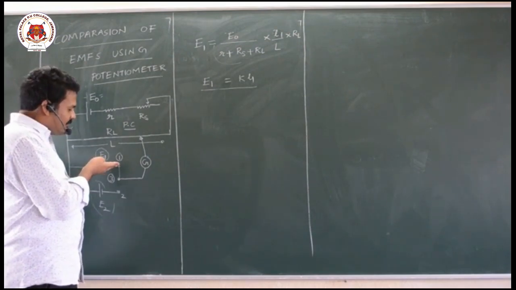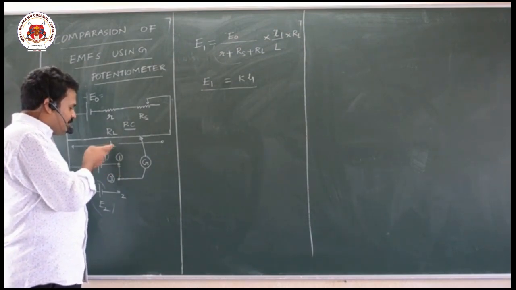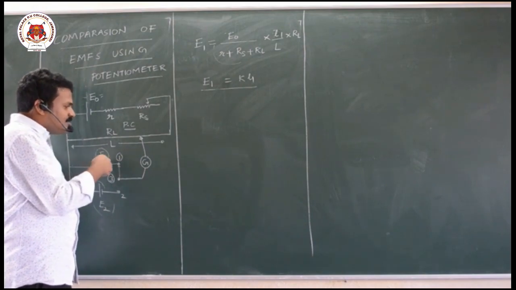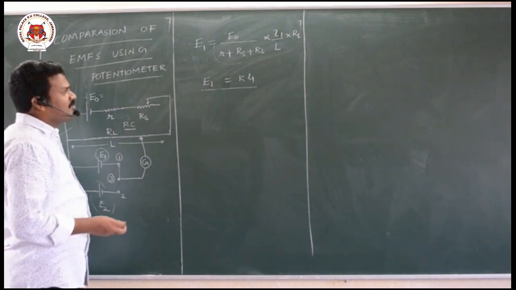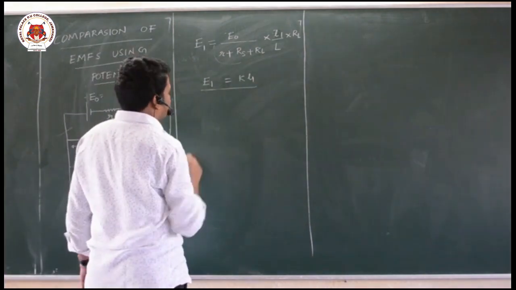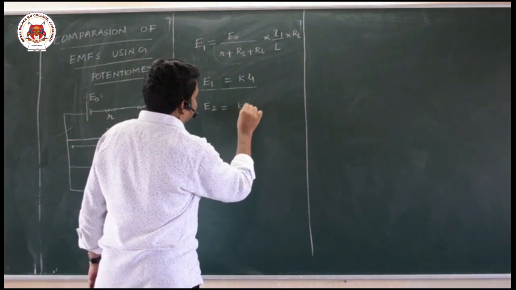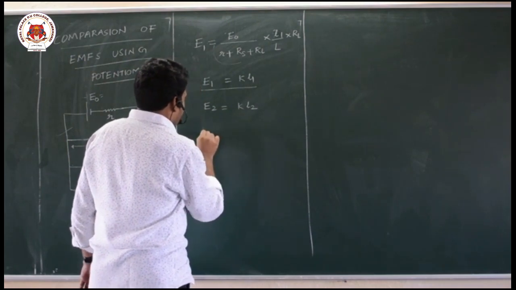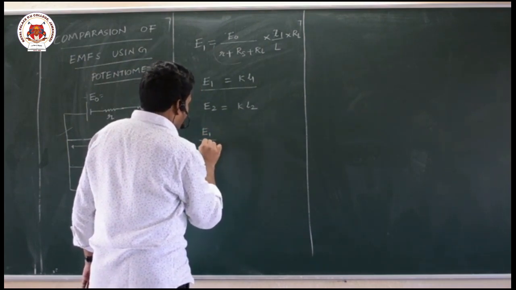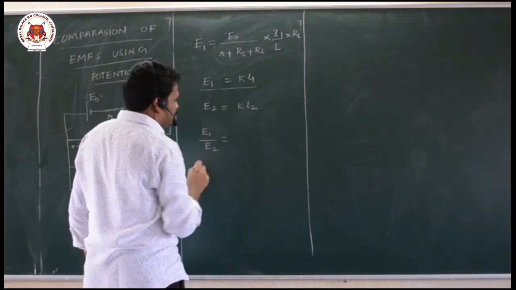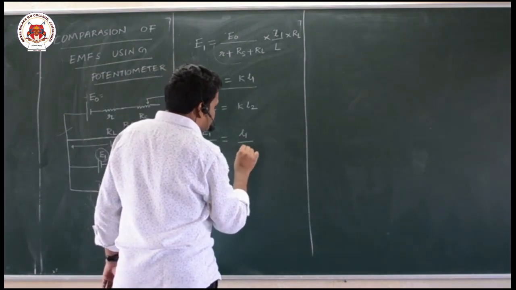When I connect 3 with 1, the circuit with E1 is closed and E2 is open, so E1 is equal to K L1. Similarly, E2 is equal to K L2. Now divide E1 by E2: E1 by E2 is equal to L1 by L2.